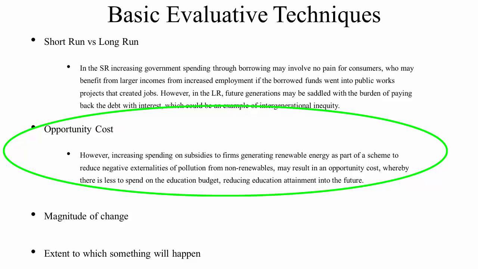So here we are identifying that there's an opportunity cost involved with this policy, and then we go on to state what it is, whereby there is less to spend on the education budget, reducing educational attainment into the future. That's only a possibility. There could be thousands more opportunity costs of that policy, but you just need to pick one or two, explain them, explain why, and then move on.